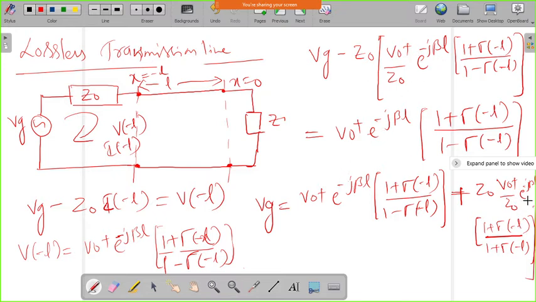Okay, so now what we'll get: Z0 cancel each other here, and we are left with V0 plus e power minus j beta L, and here also V0 plus e power minus j beta L. Now we will get Vg which is equal to, or we can write, 2 times V0 plus into e power j beta L into, okay, this is plus and this is plus.